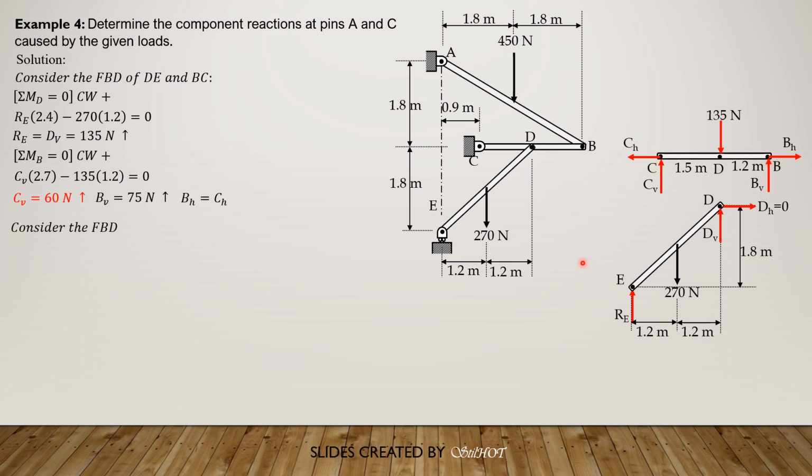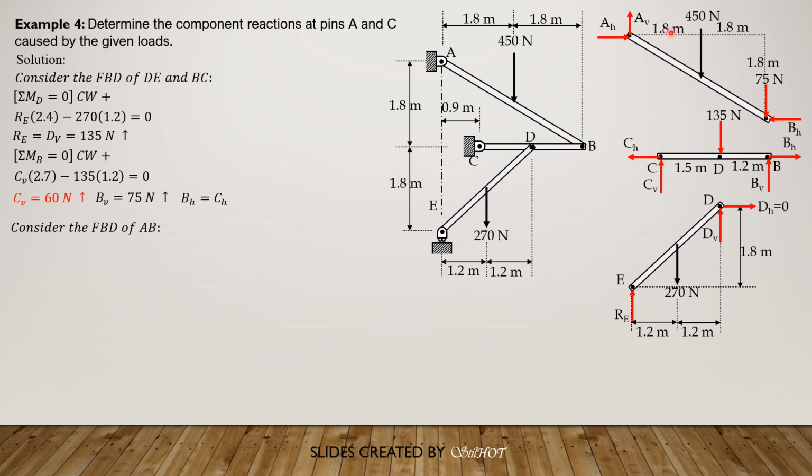Considering the free body diagram of member AB, we transmit the reactions. So B_V is 75 downward. We have A_H upward, and 75 downward for B_V, and to the left B_H. And the force 450 at the center of that member.